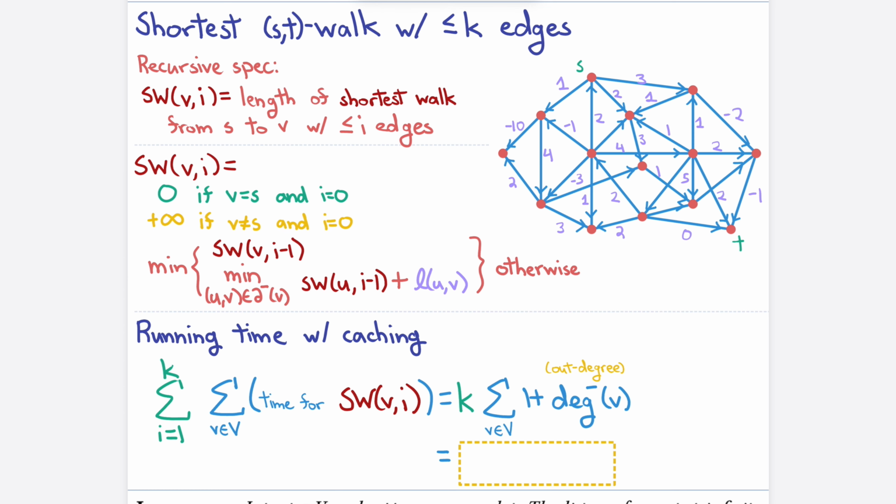Yeah. Total number of edges. Okay, so you get like K times M plus N or something. Yeah. For every subsequent edge, we basically do a pass over the entire graph.